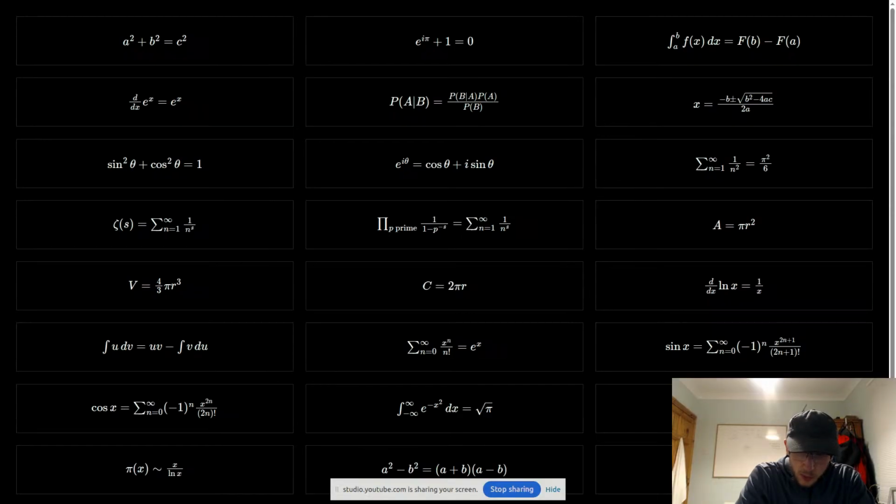So, for example, for an octagon and for a circle with a radius of 11, the area of that octagon would be 1/2 times 8 times 11 squared times the sine of 2 pi over 8.